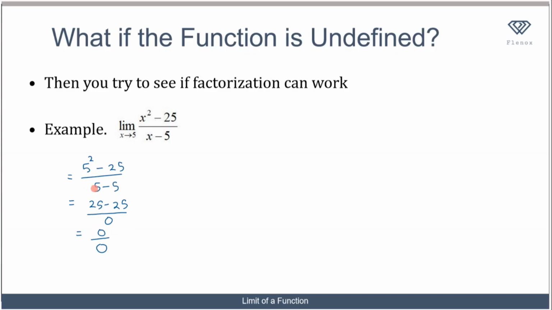Now, I want you to briefly take your calculator and punch in 0 over 0. When you do that, you find out that your calculator is going to give you an error message, either math error or undefined. What it means is that there is no definite value you can assign to 0 over 0.